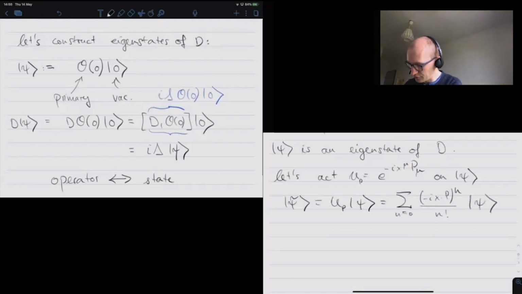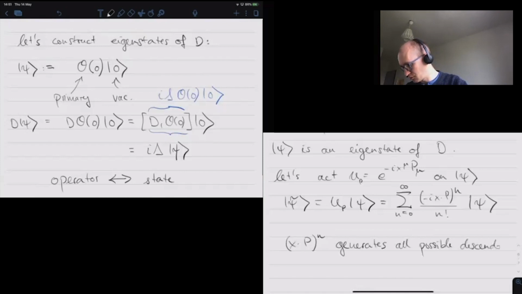And now you see what happens, because (x dot P) to the power n generates all possible descendants of psi.